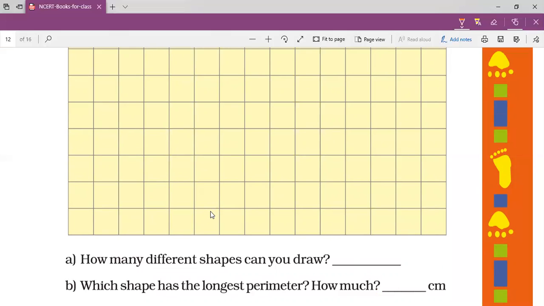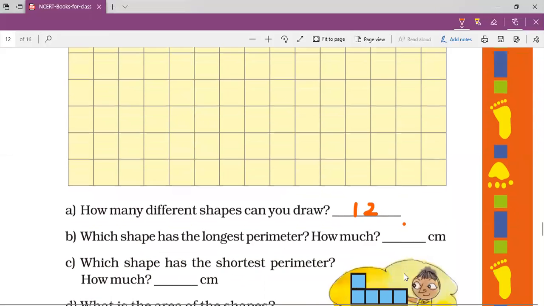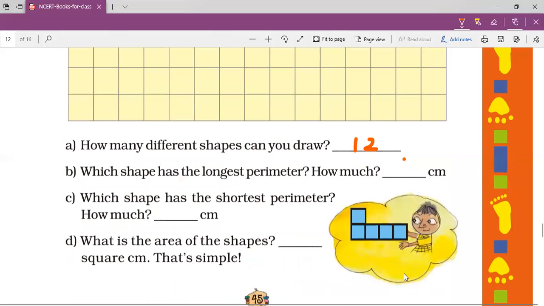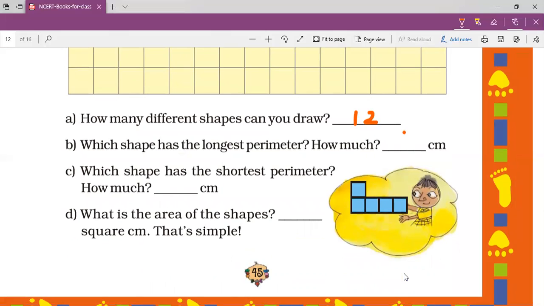When I was drawing on my textbook, not while making the video, I got 12 different shapes. I had drawn 12 different shapes. Now see how many you can draw. Which shape has the longest perimeter and how much?